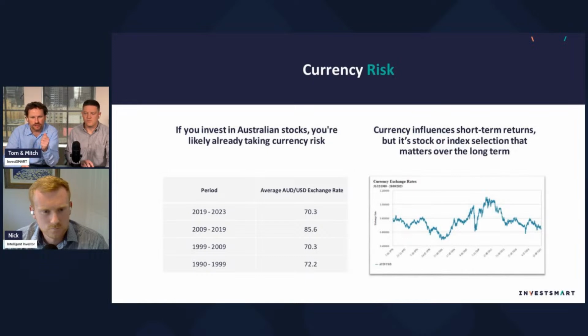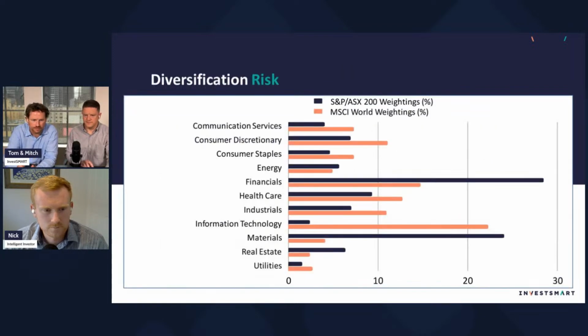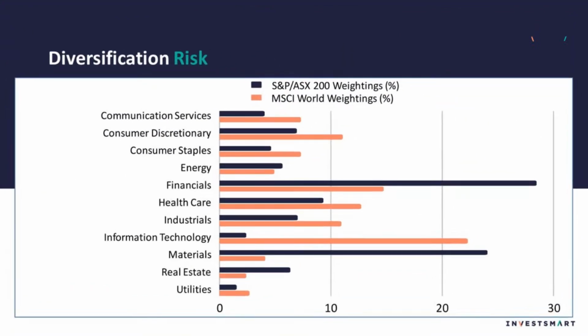Am I not just swapping the concentration risk here in Australia to those specific sectors for tech if I jump across, say, to the US? Am I not just swapping one risk out for another and being overweight tech? So I think you've got a slide here that takes us through the ASX 200 versus the MSCI All World Index, and the sectors we've got there.